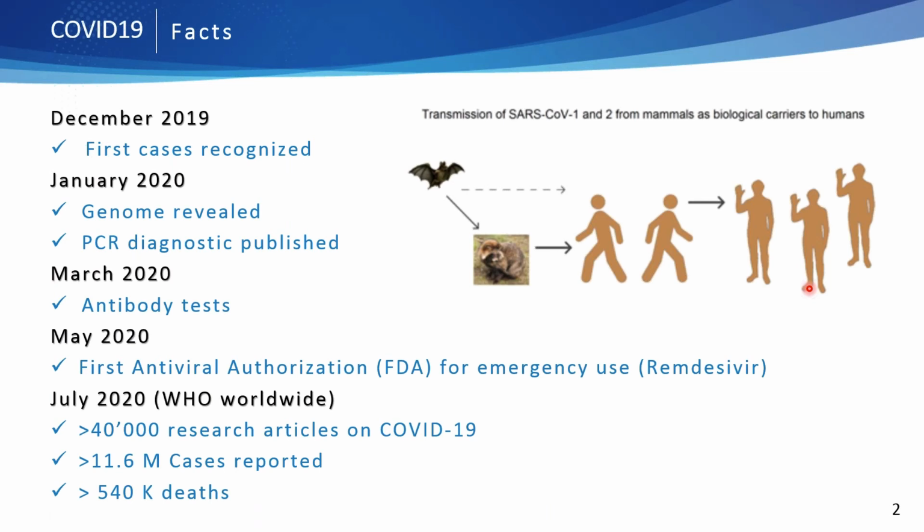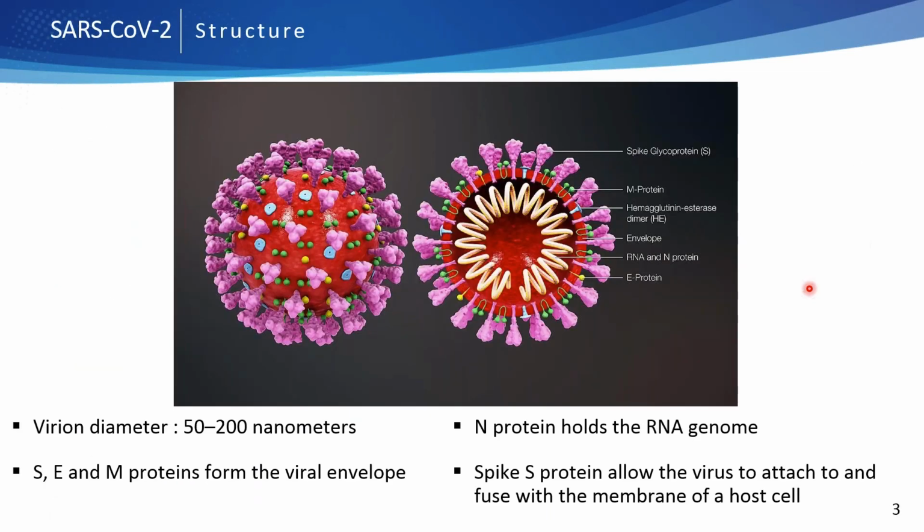Okay. So SARS-CoV-2 is a consequence of one virus, whose name is severe acute respiratory syndrome coronavirus 2. So this is SARS-CoV-2. This virus has the following characteristics.